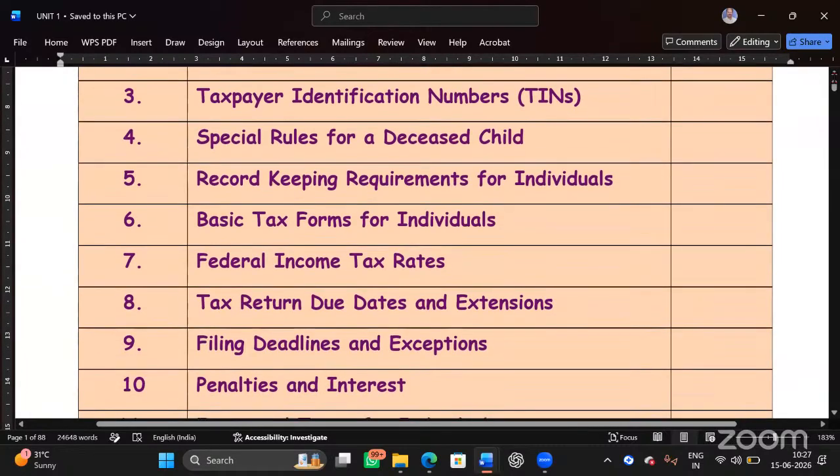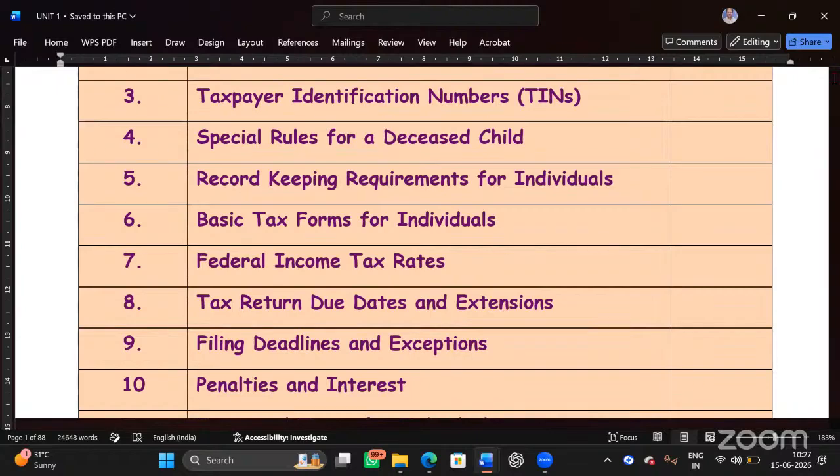Now, record keeping requirements for individuals. Even though we are filing tax returns in the current year, say in the year 2026, belongs to year 2025, even though we are paying the tax completely in the current year, the income tax department has the right to call for information subsequently.